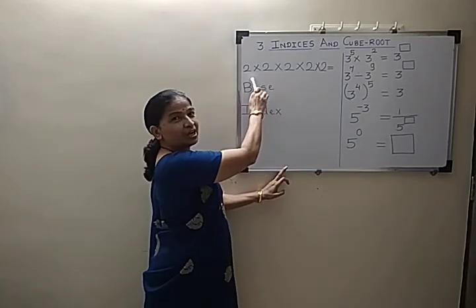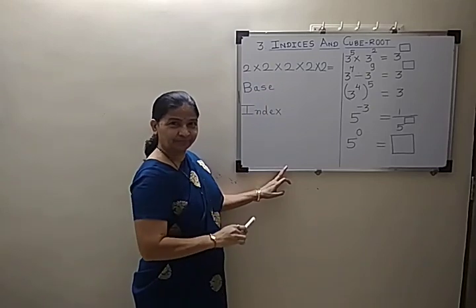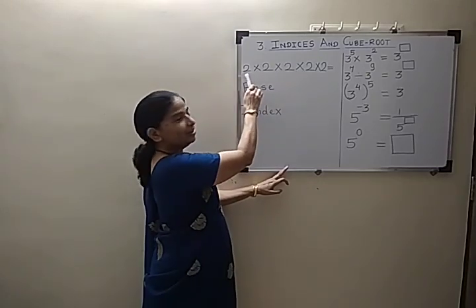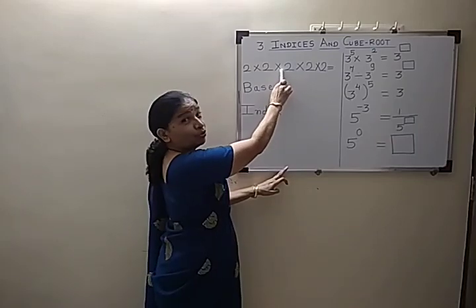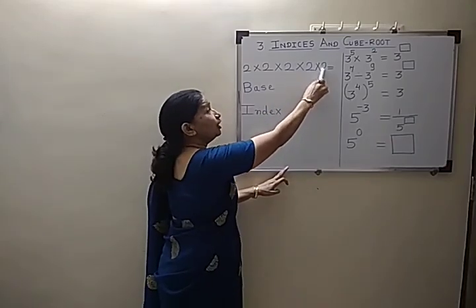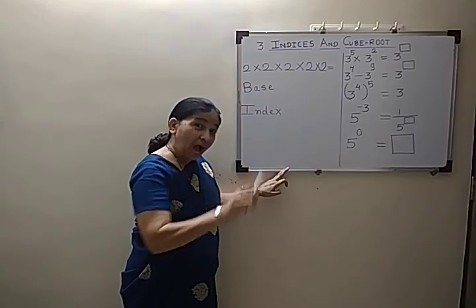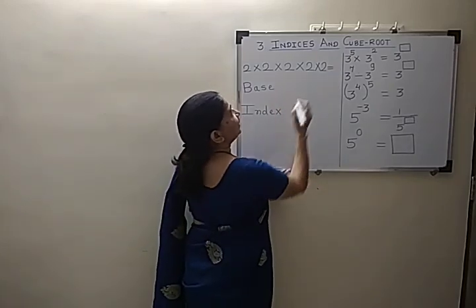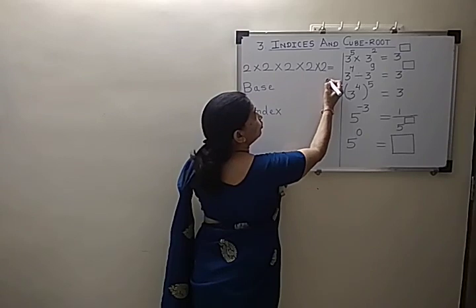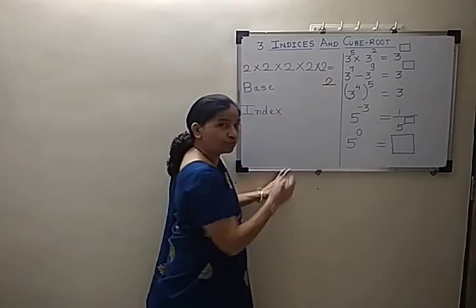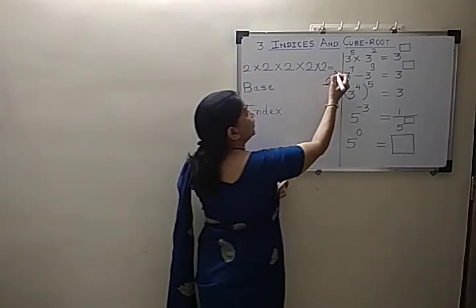Are you observing this example? See, 2 into 2 into 2 into 2 into 2. I can write this one as 2 raised to 5.